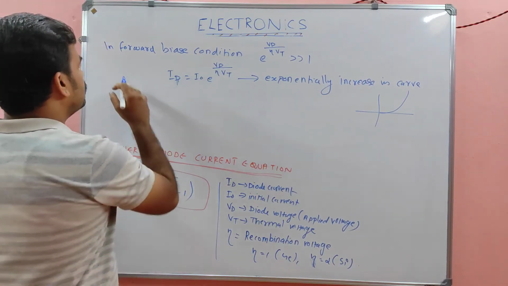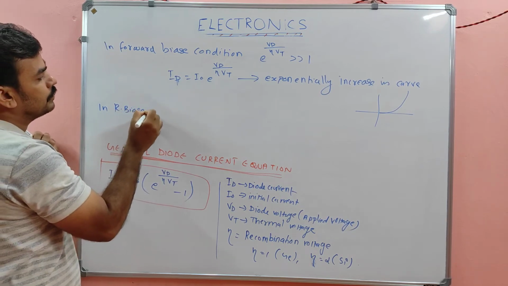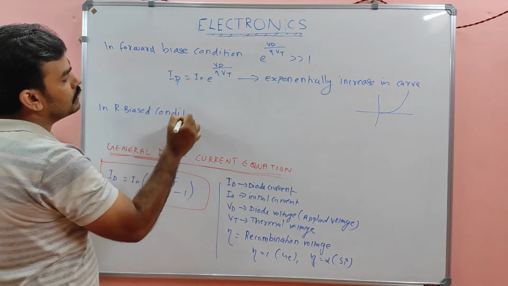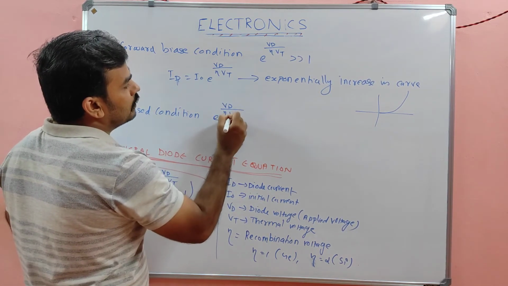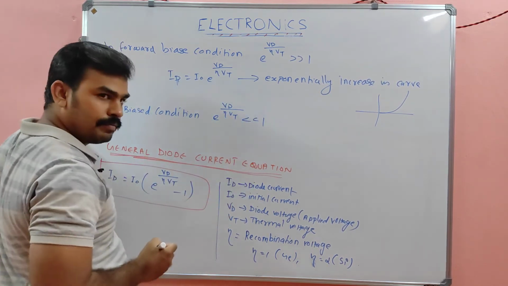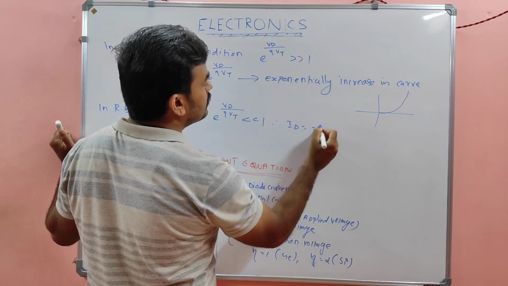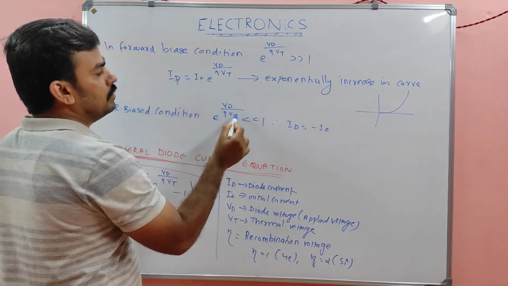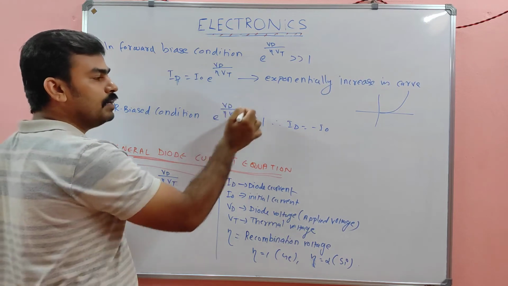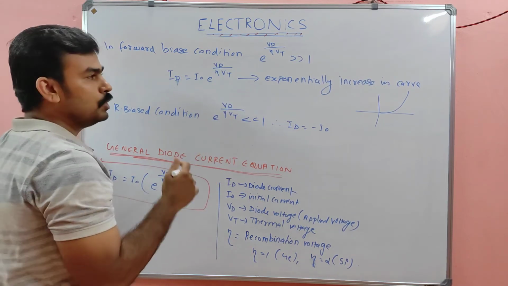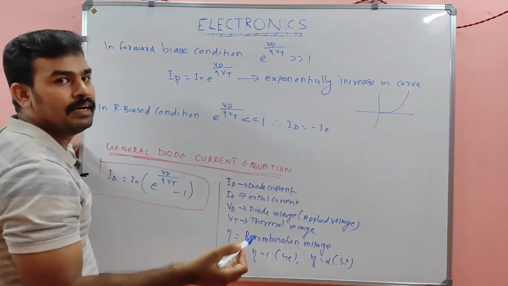In the case of the reverse biased condition, e raised to Vd divided by eta Vt is much less than 1. So ID will be equal to minus I0, because this exponential term can be neglected in the general diode equation, so that this term will be 0 and the minus 1 will be the result.